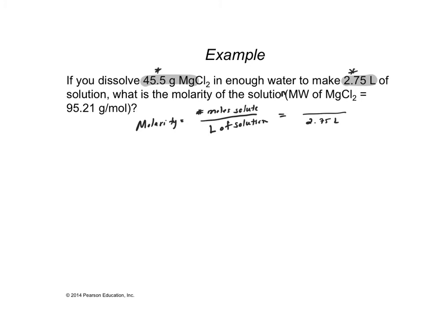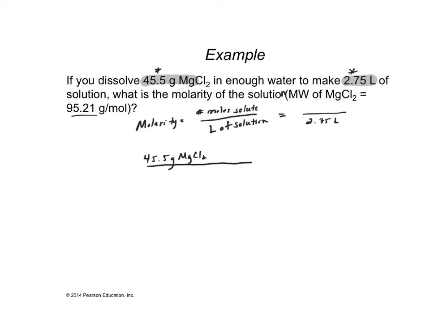So how do we go from 45.5 grams of magnesium chloride to moles of magnesium chloride? This is where the molar mass comes in handy, the molecular weight of the molecule. For magnesium chloride, the molecular weight is 95.21 grams per mole. So if we had 95 grams, we'd have a mole. We don't have 95 grams, we have a fraction of that. So the question is, what fraction of a mole do we have?